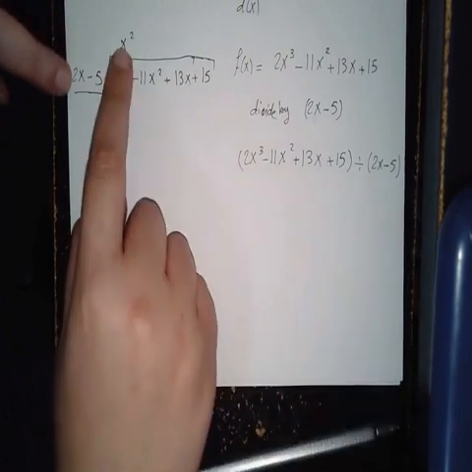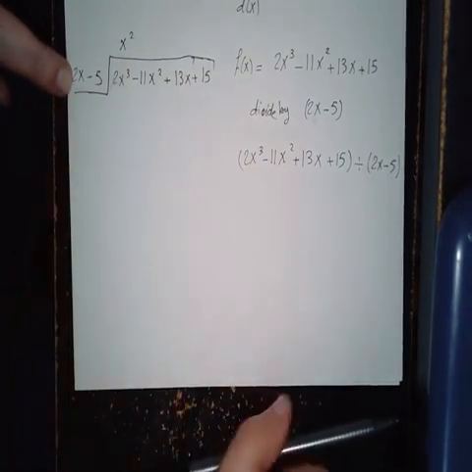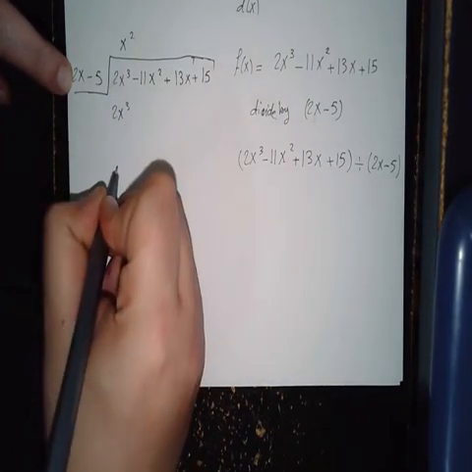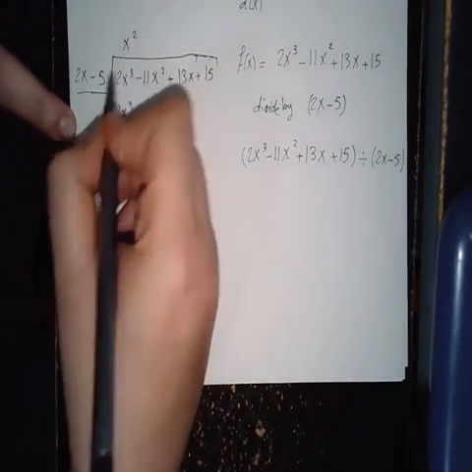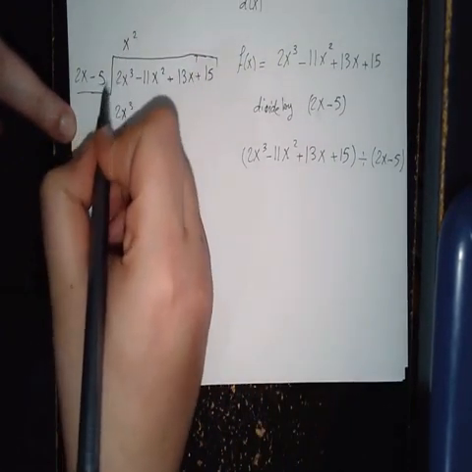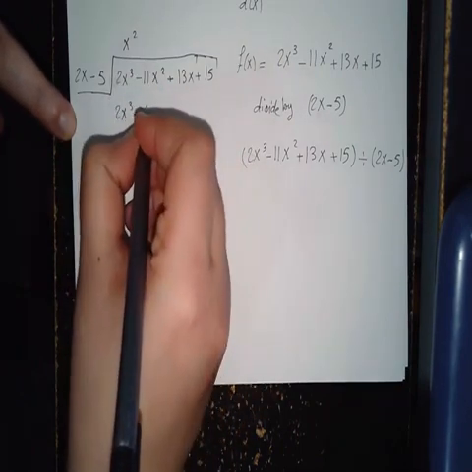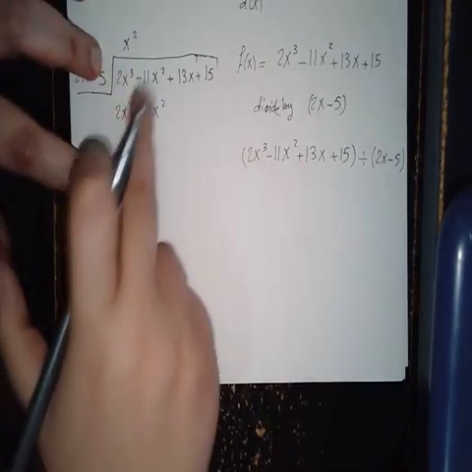So I'm going to grab the x squared, multiply it times 2x, and you end up with 2x cubed, right? But you're not done. You need to multiply by the 5 as well. So x squared times negative 5 gives you negative 5x squared. Right. So you have this term and that term.